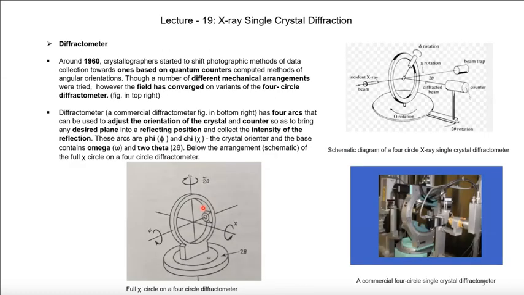Next, we have been talking about how to collect data, and we were talking only about film methods. But there is advancement, and we see another method, the quantum counter method, which started around 1960: the diffractometer.